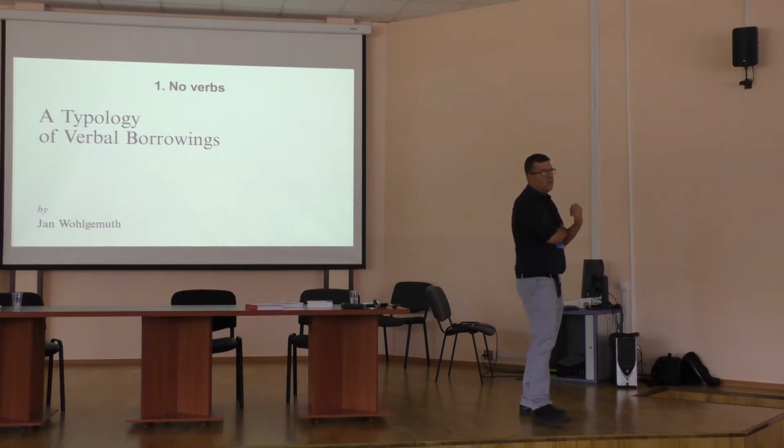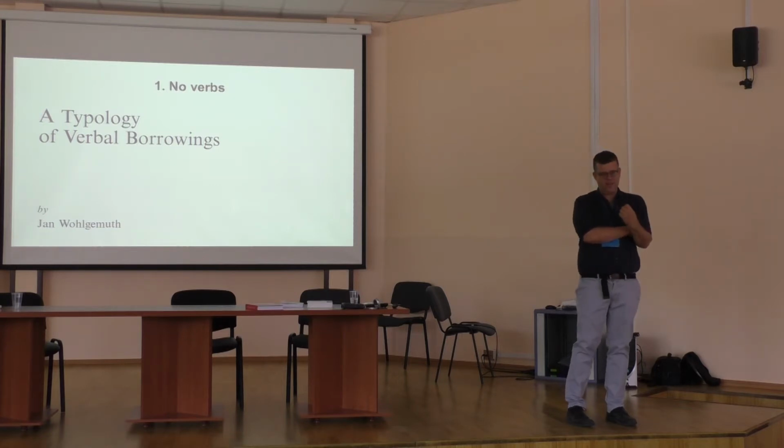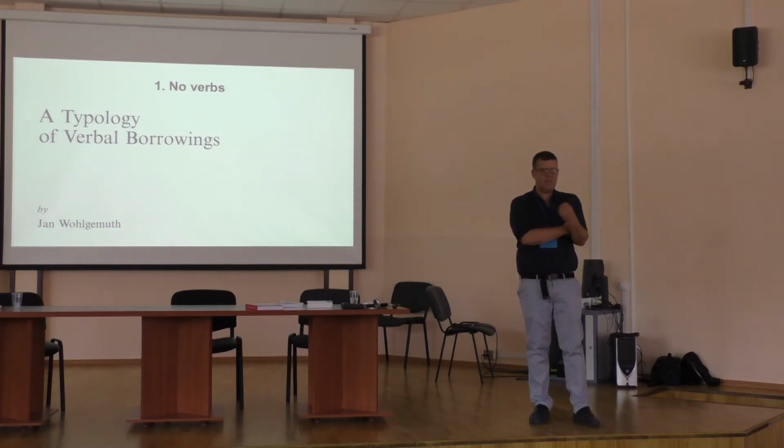So what's characteristic of this type of work is massive convenience samples, basically. Anything you can get your hands on, because also for borrowing, it's not just a question of whether a language has an antipassive or not, but you really have to know a lot about the history, and for this you need language experts.